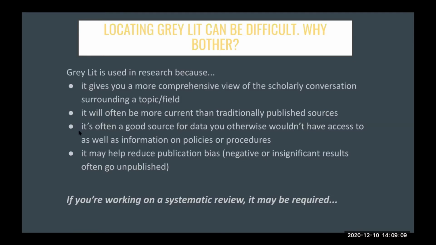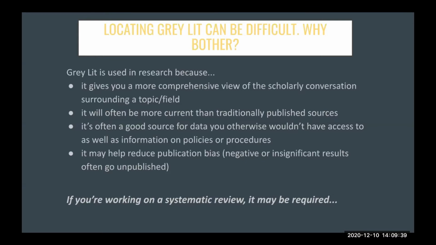It's also a good source of data you otherwise wouldn't have access to, as well as information on policies or procedures that might be outlined in things like organizational reports or policy briefings, which don't get published in peer-reviewed journals. In addition, using it in your research may also help reduce publication bias because negative or insignificant results often go unpublished.